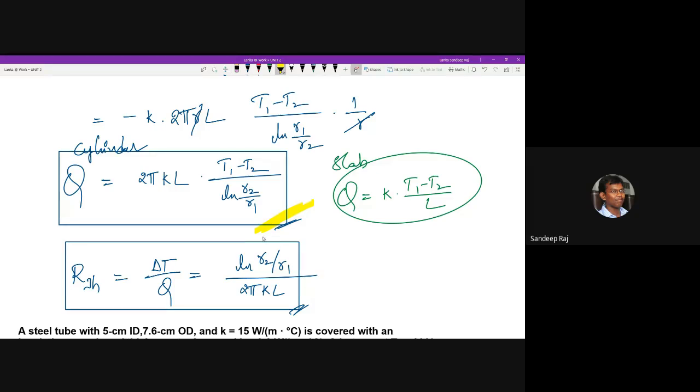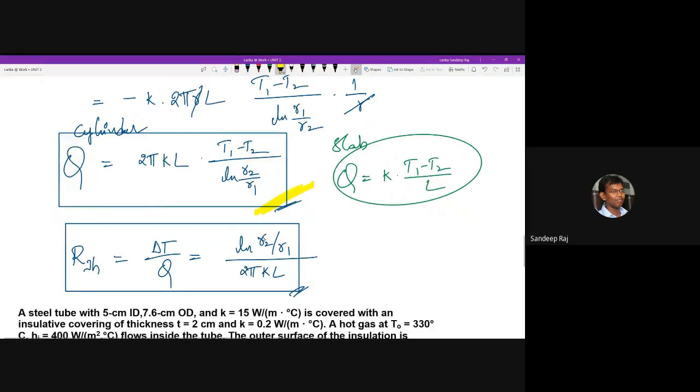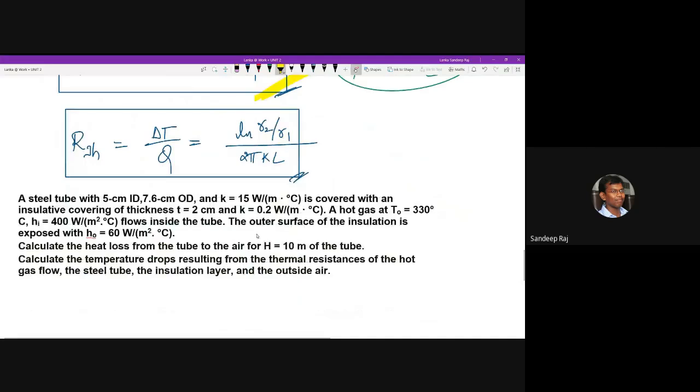If that is the case, this is how you will take it. And if you want the formula for R_th, it will turn out to be ln(higher radius by lower radius) by 2πkL. So this is the formula for R_th. The unit of this one is again Kelvin per watt.